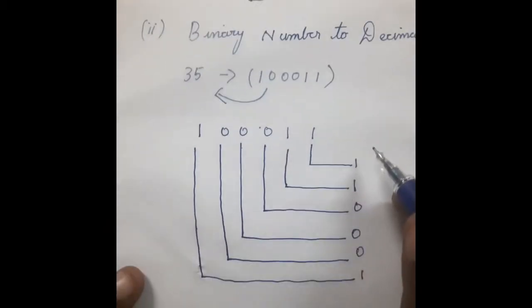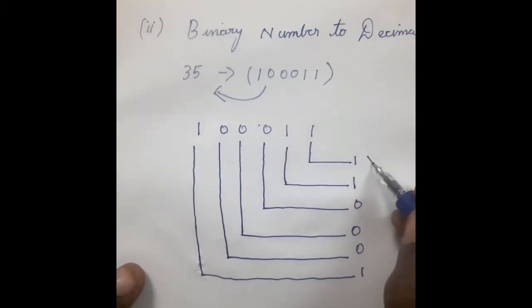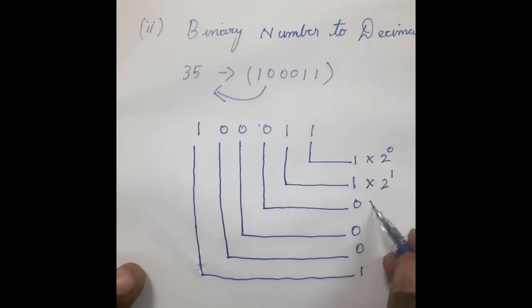Multiply by 2 power 0, 2 power 1, 2 power 2, 2 power 3, 2 power 4, 2 power 5. Find the power and multiply by each binary digit.